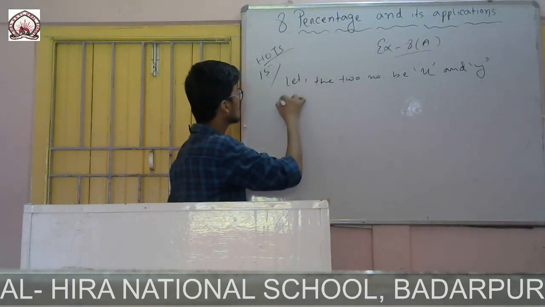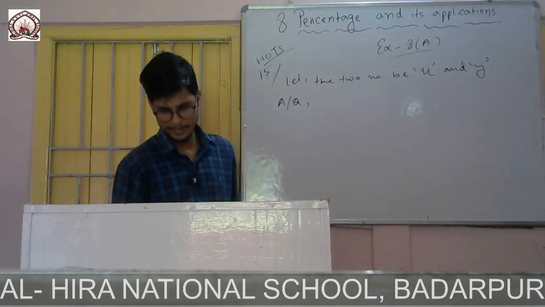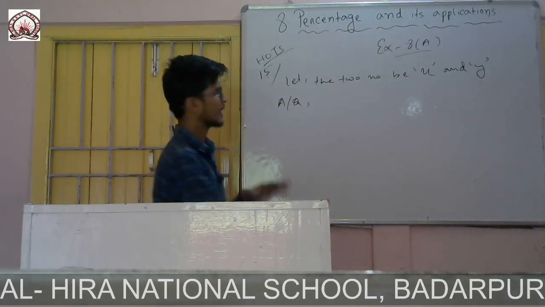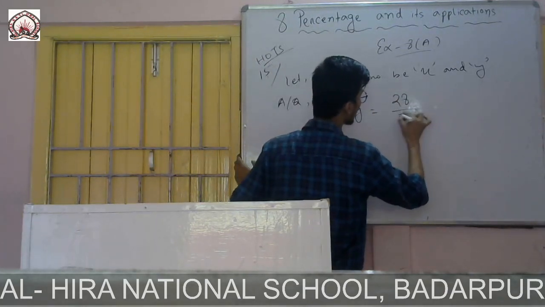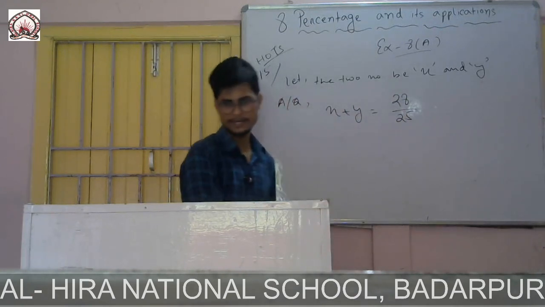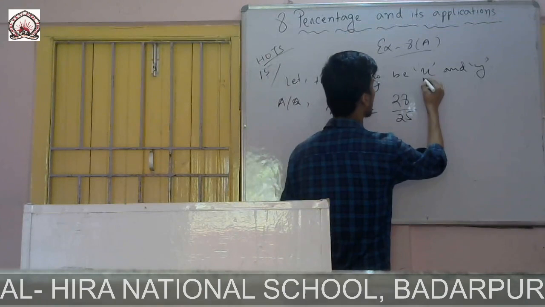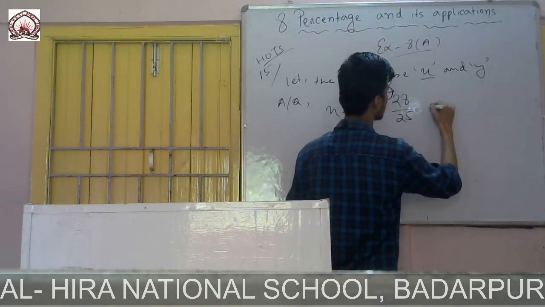According to the question, it is given that the sum of the two numbers is 28 by 25 of the first number. That means x plus y equals 28 by 25 of the first number, which is x. We write of x.